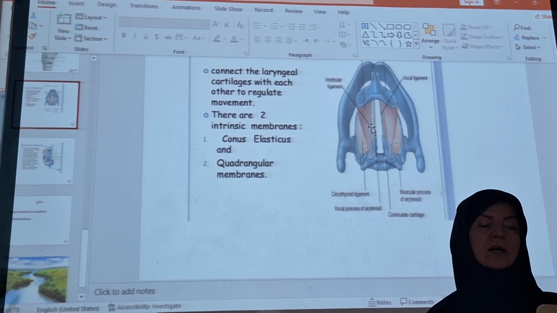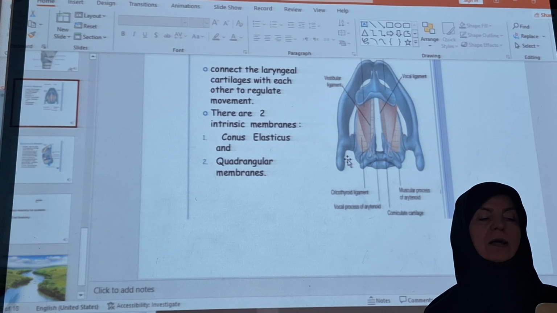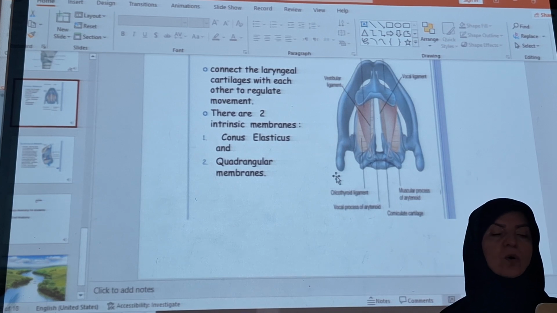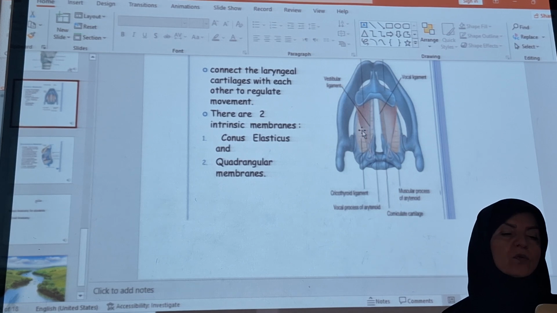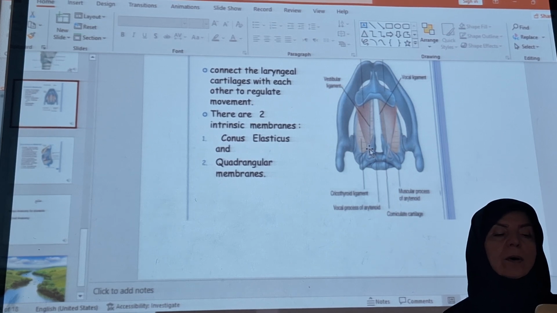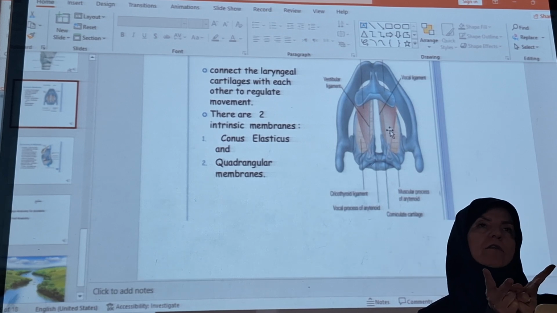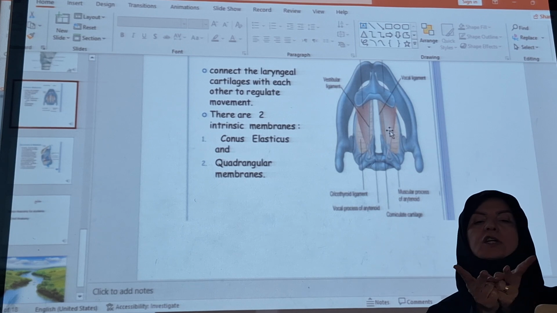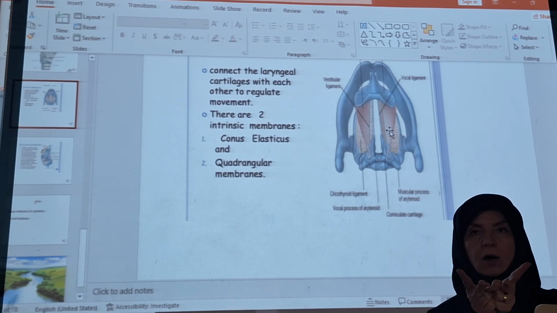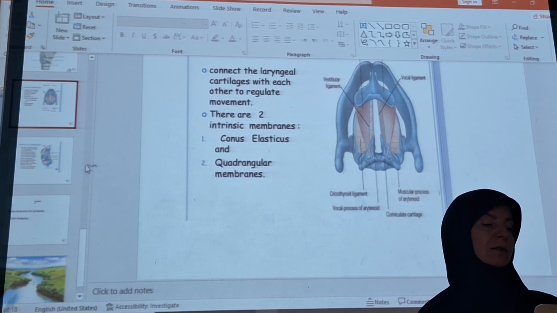The vestibular ligaments are far from each other. During the use of the laryngoscope, we are able at one time to look at the vocal ligaments, true and false, because the vestibular ligaments are lateral and the vocal ligaments are close to each other, near the midline. Do you get that?